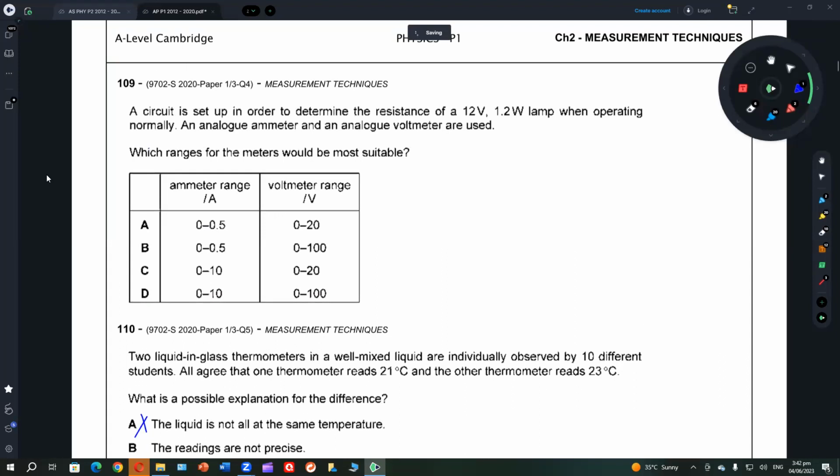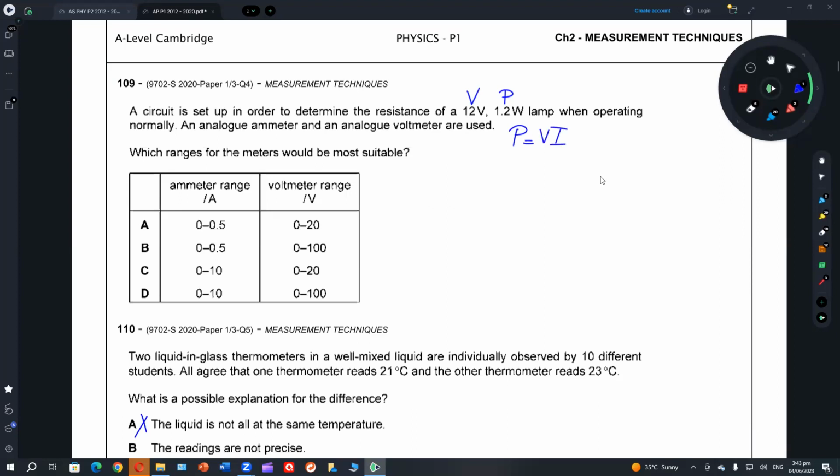A circuit is set up in order to determine the resistance of a 12 volt, 1.2 watt lamp when operating normally. An analog ammeter and analog voltmeter are used. Which ranges for the meters would be most suitable? So first we'll take out the current from this, like power is equal to VI. Very good. You're right.